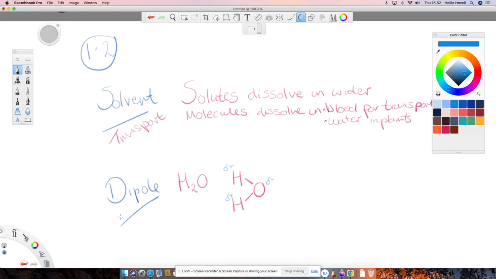Now we call this a dipole because it's got 2 opposite charges, okay? It's got a slightly positive side and a slightly negative side. Now, as we go through the course into year 13, we start to learn that water molecules actually are quite sticky. They stick together.